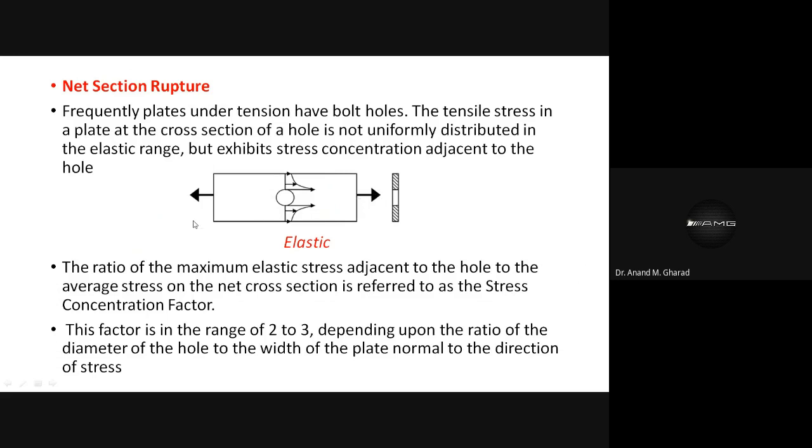With the help of the pull, which is provided in this manner, the concentration of the stresses is somewhat in this manner. And what do you observe? The peripheral area around the bolt hole experiences maximum stress as shown in this figure. This is experimental evidence which I am showing, and this has been represented in the form of a diagrammatic representation.